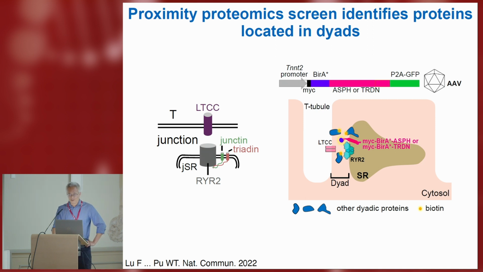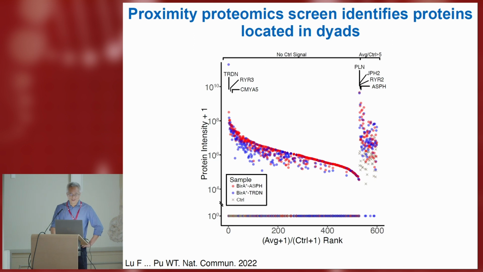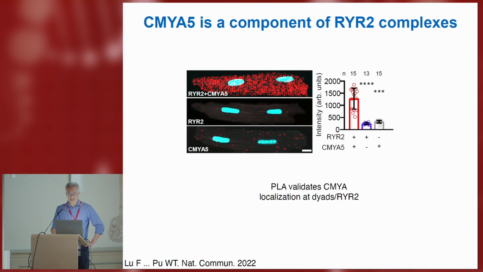We then purified those proteins on streptavidin beads, and here's a summary of the results. We became very interested in this protein, CMYA5, which was one of the top hits in this screen. So we validated that CMYA5 is in close proximity to the ryanodine receptor using a proximity ligation assay.